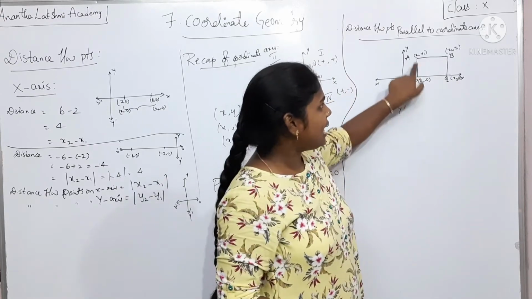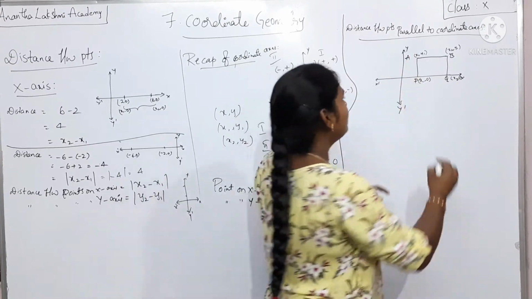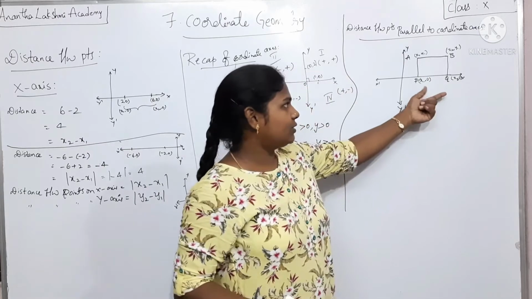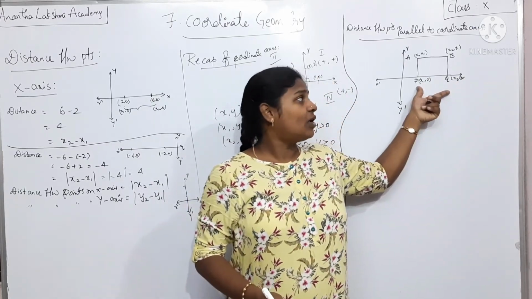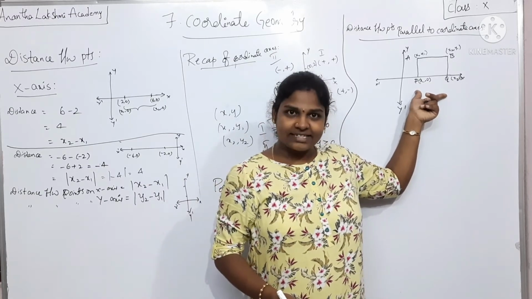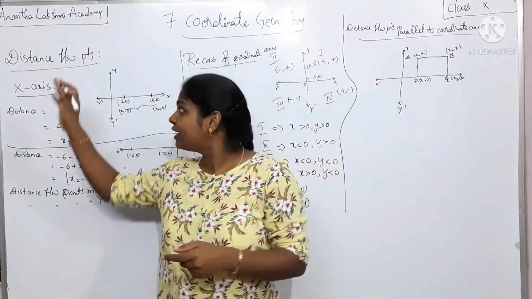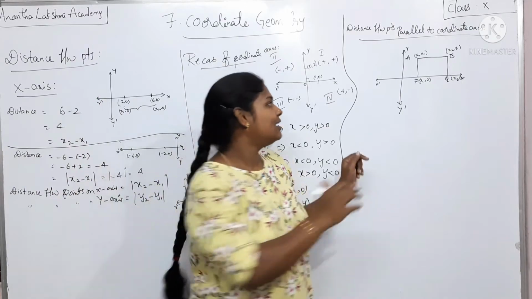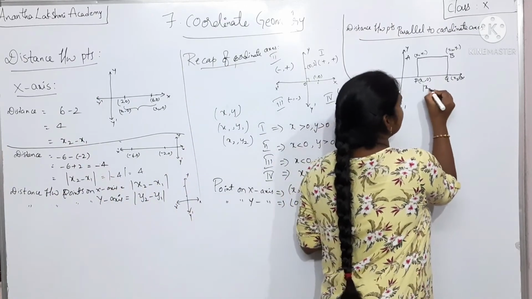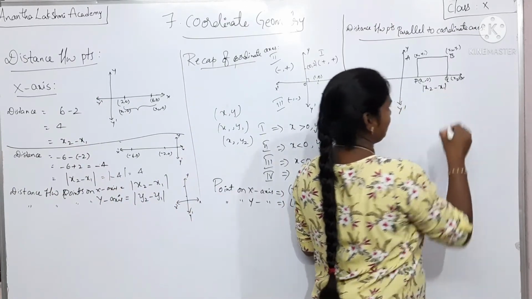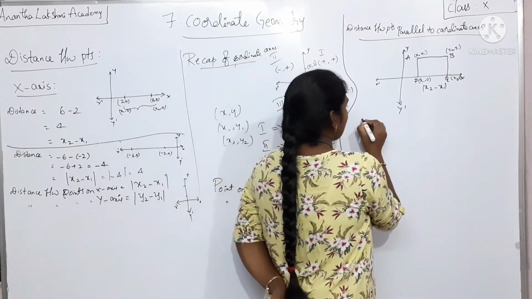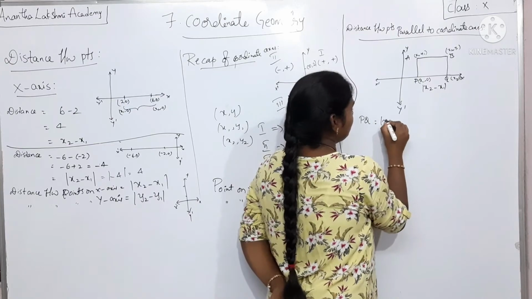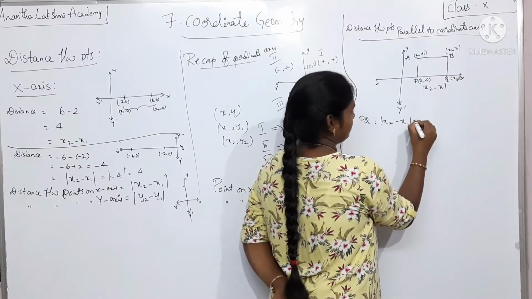These are nothing but points on x-axis. The distance between points on x-axis is nothing but modulus of x2 minus x1. So PQ is equal to modulus of x2 minus x1.